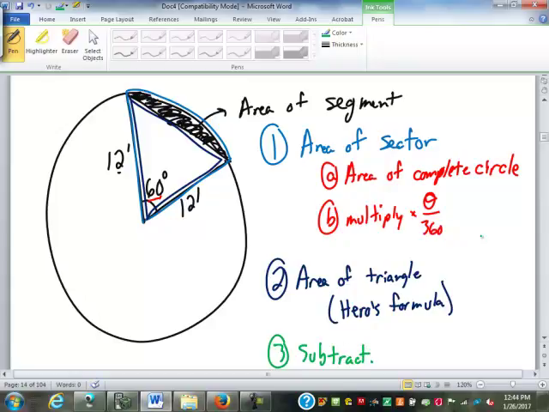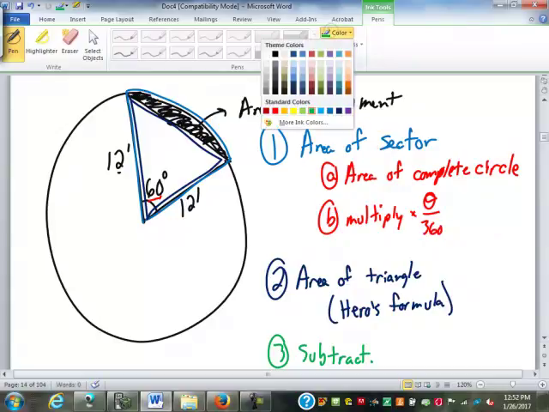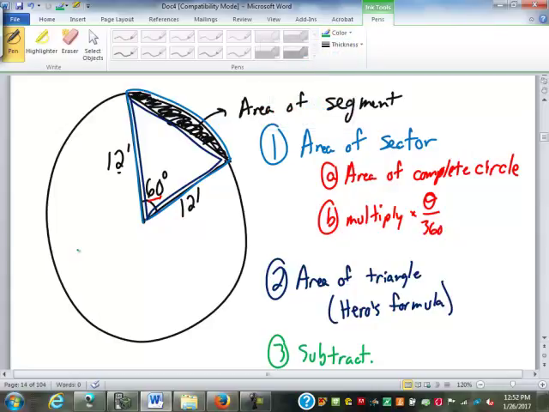I'm going to have the four of you work together quick. See if you can remember how to do that. The two of you can remember, or if the two of you know. Okay? See what you come up with. So let's see how you're doing here. Step one is to find the area of that sector. Did you find the area of the whole circle? Yes, no. The area of the whole circle is pi times radius squared, so 12 squared.